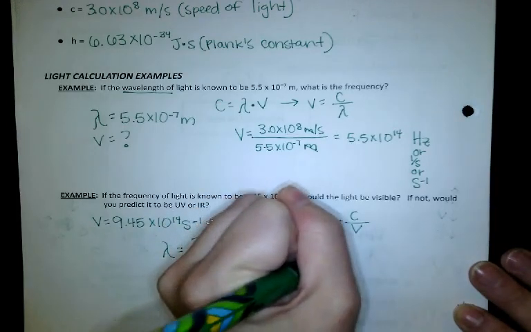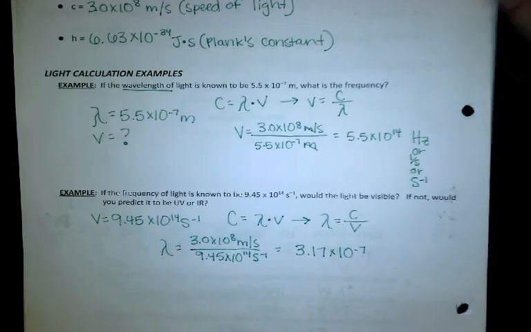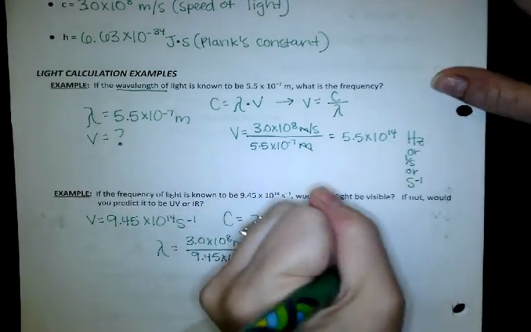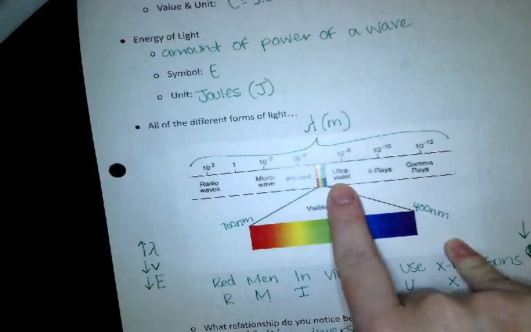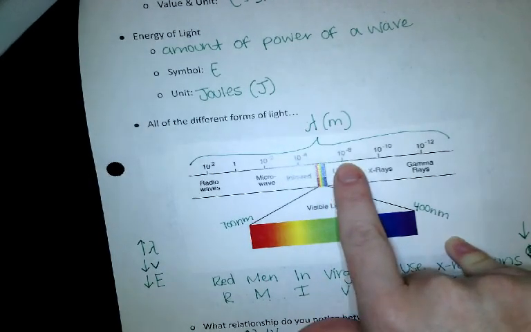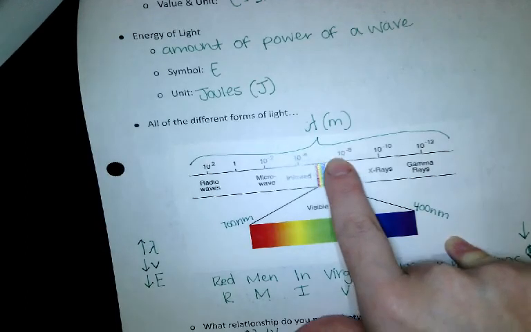Now, when we look at our visible light spectrum, our exponent is 10 to the negative 7th. And so if you notice, our exponent here is 10 to the negative 8th, and so it's probably going to fall right here, so it's really not going to be visible. So it is not visible.